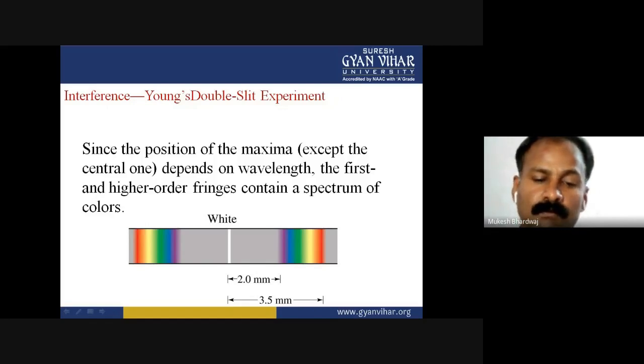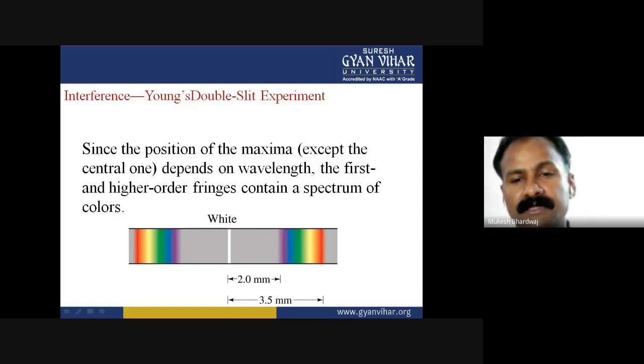This is almost where we have covered everything related to interference. Now, there are some more topics which we need to discuss, for the interference fringes produced by white light. White light has several colors whose wavelengths vary from 4,000 angstrom to 7,000 angstrom.